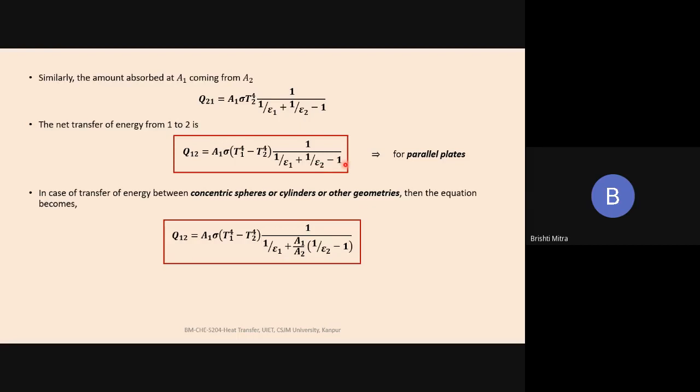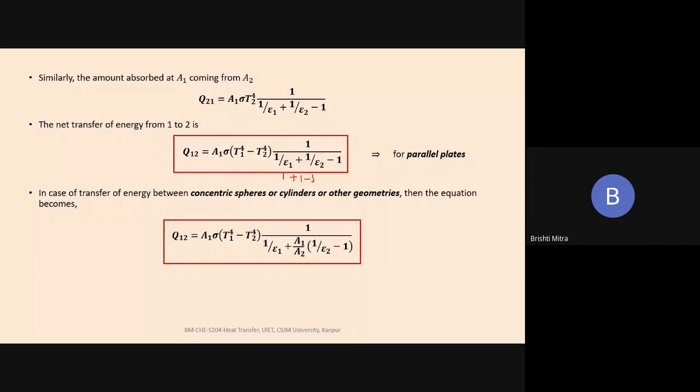Now, if you think about it, in case we have a black body, your emissivity is going to be equal to 1. So if I have a black body, just look at what happens here. This term becomes equal to 1 because 1 by epsilon 1 becomes 1. This term is also equal to 1, and the last one is a minus 1.